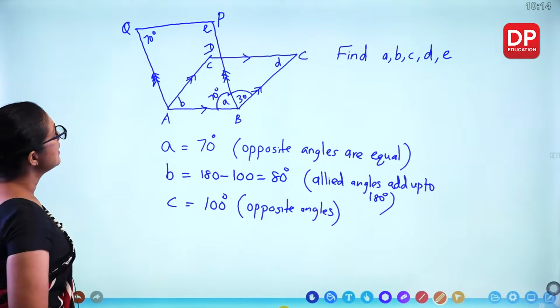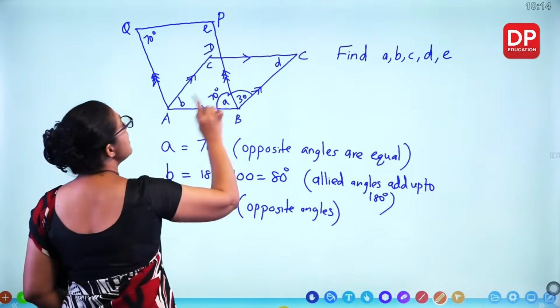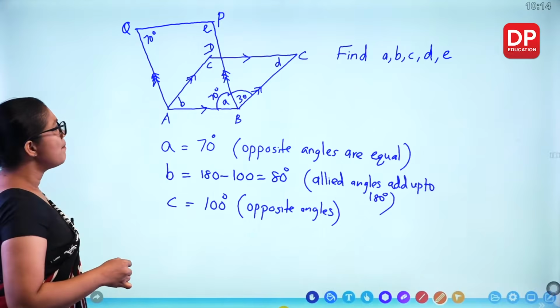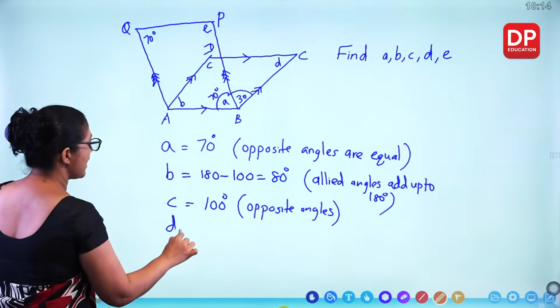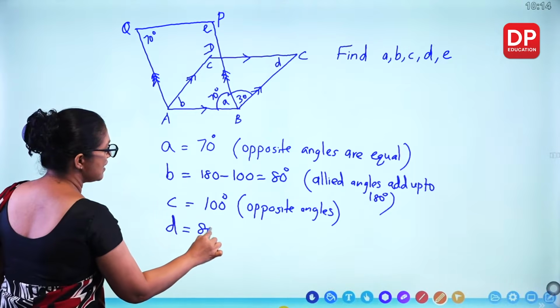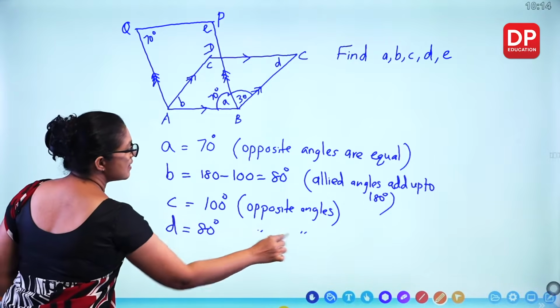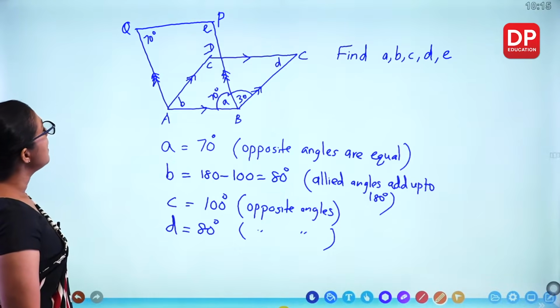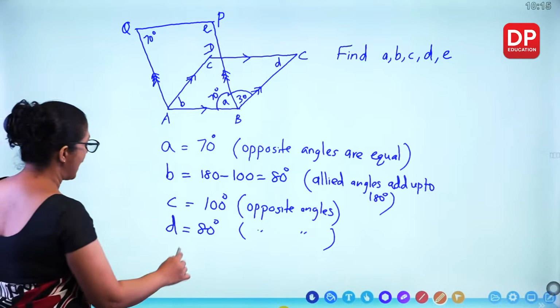Then D and B are opposite angles when you consider ABCD parallelogram. So D I can write same as B, that's 80 degrees, that's also opposite angles. And what about E?